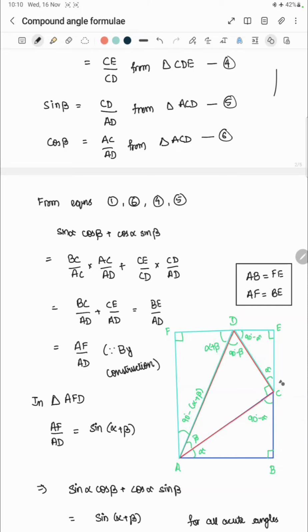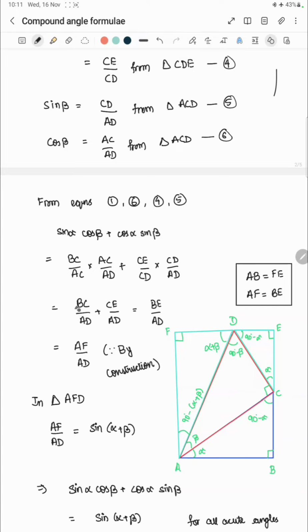This is why picking the terms that cancel in some manner helps us prove the theorem easily. Because of the construction, we are making it in such a way that the adjacent side in one triangle will be the hypotenuse for another triangle. The opposite side in one triangle becomes the hypotenuse in another triangle.